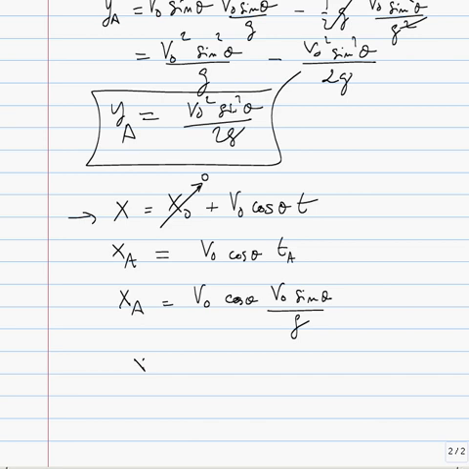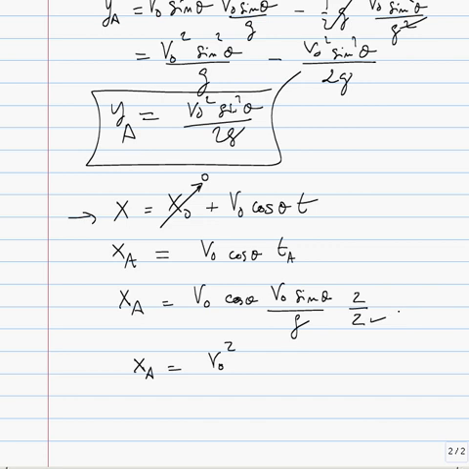Let's rewrite this as v naught squared. And then I would like to use an identity, so I'm going to multiply this equation by 1. I can do that, right? I can multiply everything by 1 without changing it. But I will replace 1 as 2 over 2. So I'm multiplying this equation by 2 divided by 2, which is 1.